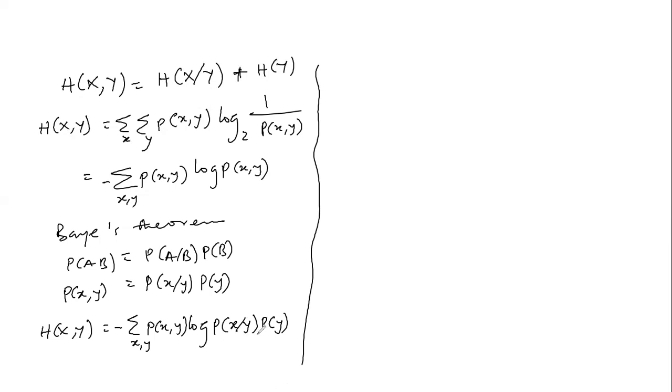And then we can also expand this. This is the product, so we are going to have a sum. Should we try to analyze this little mathematical problem? So H of xy would be the same as negative sigma P of xy, this is xy, that'll be log P x given y plus log P of y. We are still doing the same thing, right? Nothing has changed right now.